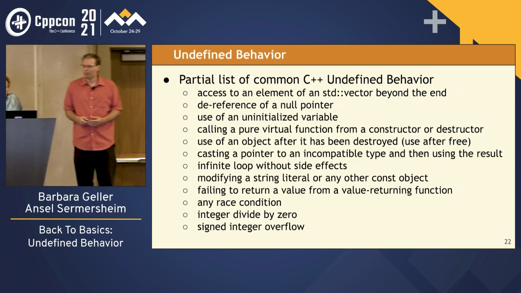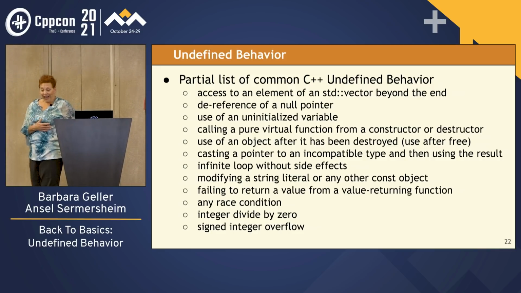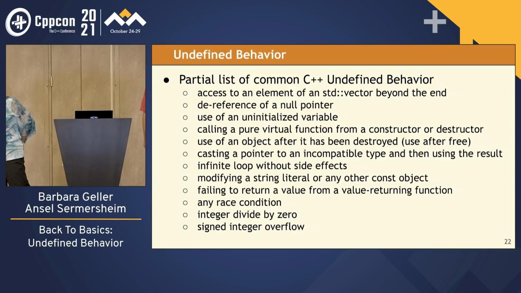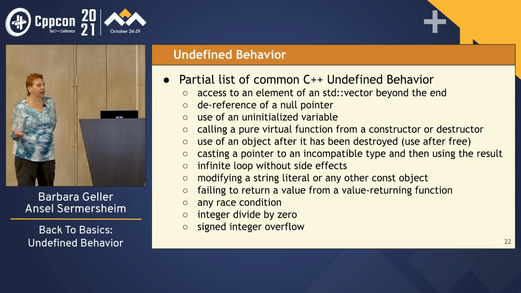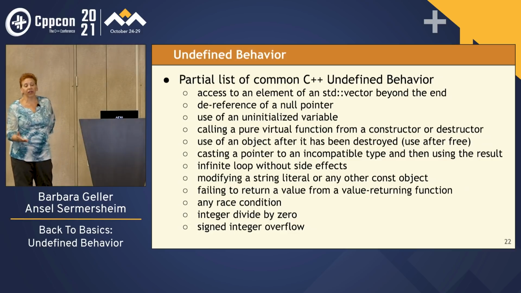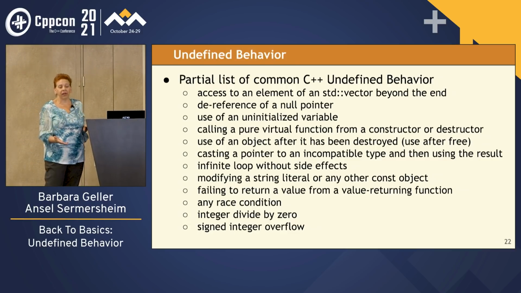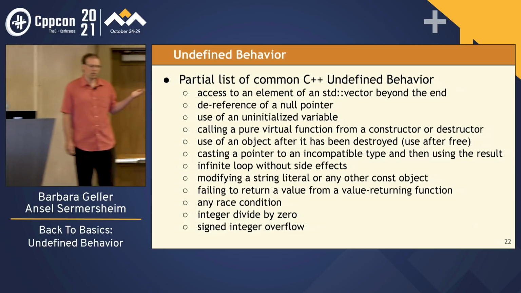We said before that we can't give you a definitive list. Anyone who says they can, you can't, because as the standard expands, there may be new things that become undefined. But we did want to put together a list of some of the more common undefined behaviors. This is like your C++ greatest hits.